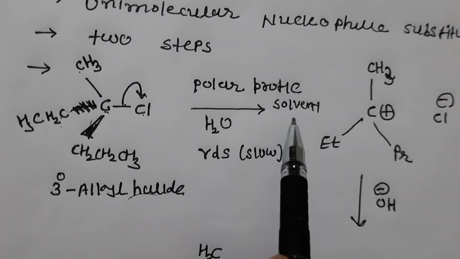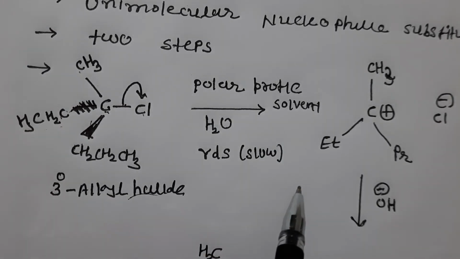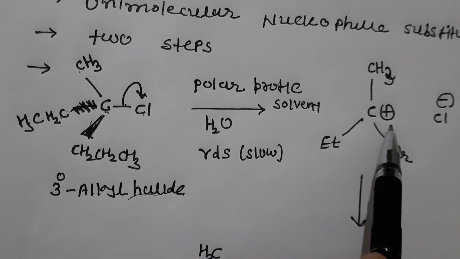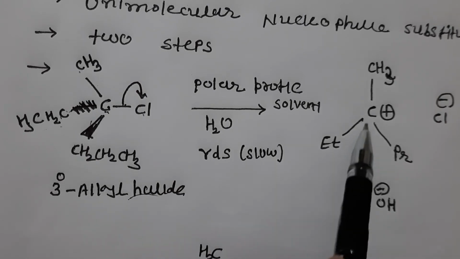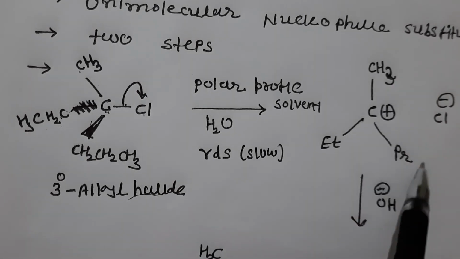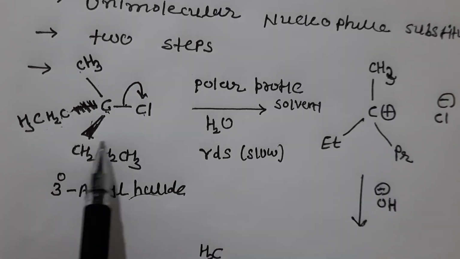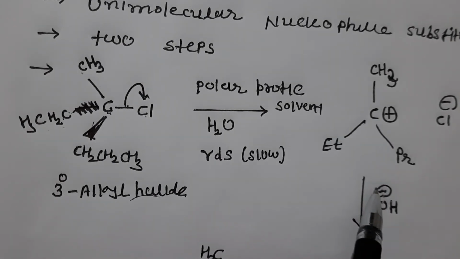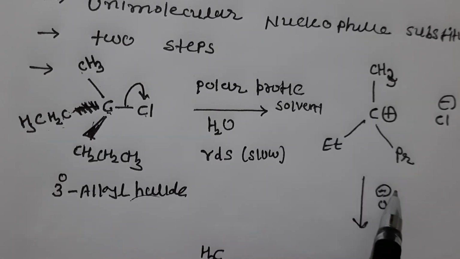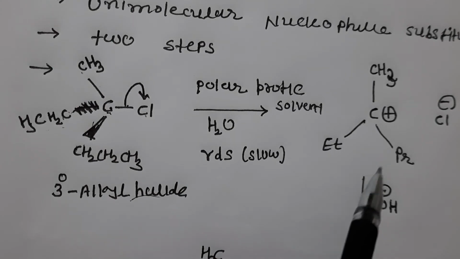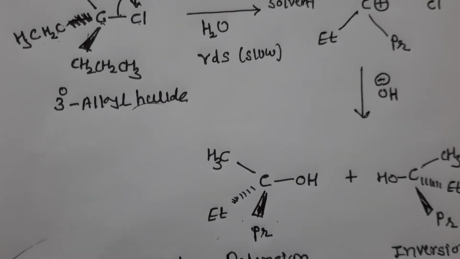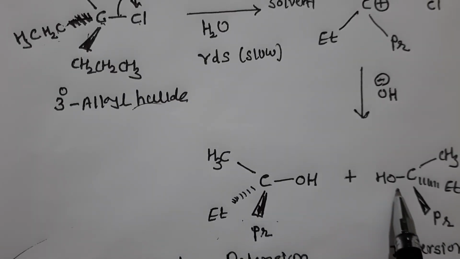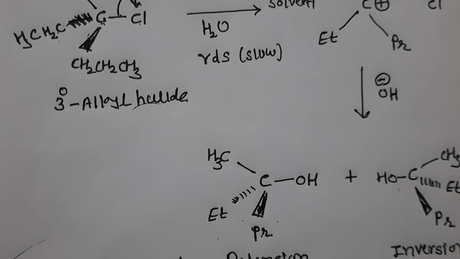The nucleophile does not participate in the rate of the reaction. In the first step a carbocation is formed, and this carbocation has a planar structure. This 3 degree alkyl halide forms a 3 degree carbocation, and now the nucleophile can attack on both sides of the carbocation. If it attacks on the front side, we get retention of the configuration. If it attacks on the back side of the carbocation, we get inversion of the product.